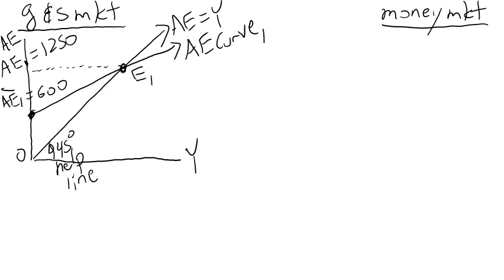You can look at aggregate expenditures 1 as the demand, consumer demand, plus the demand by firms, meaning I, plus the demand by the government, plus the demand by foreigners or exports.